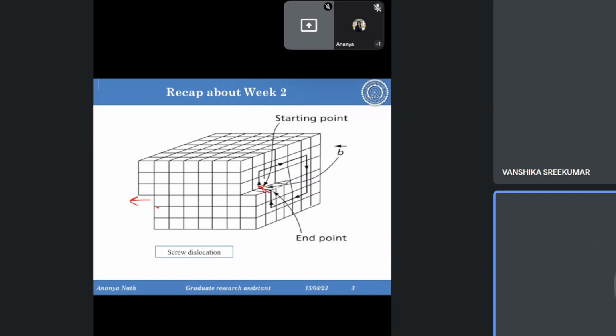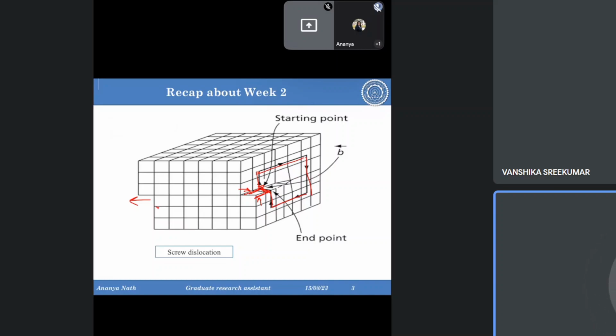Here if we count again the Burgers vector, this is one extra atomic gap, which denotes the magnitude of the Burgers vector. And again the direction is in this direction. So the lattice movement and the Burgers vector movement here is similar, they are perpendicular.